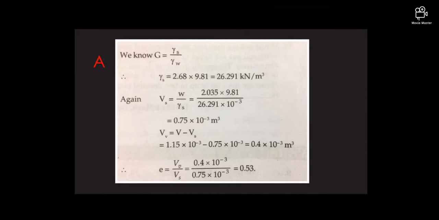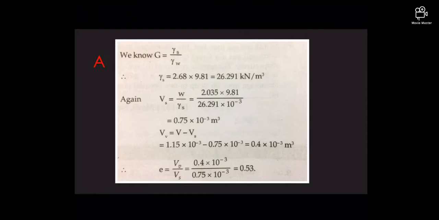So G is gamma s by gamma w, that we know. That is the unit weight of soil divided by the unit weight of an equal amount of water. From this equation we get gamma s equal to 2.68 into 9.81, which is the unit weight of water. So that is 26.291 kilonewton per meter cube.